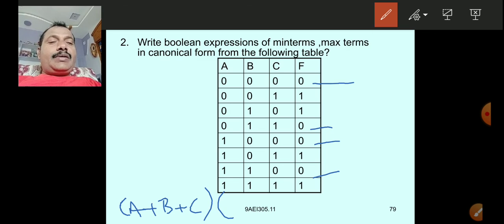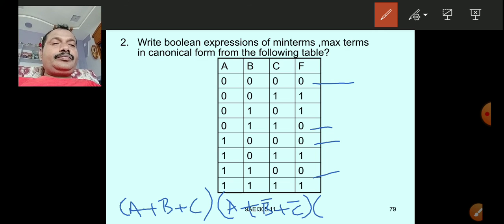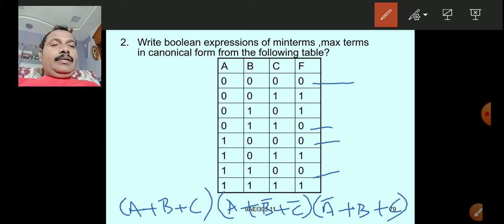This is one sum. Next, another sum, A plus b bar plus c bar. Third sum, A bar plus b plus c. Next, the last sum, A bar plus B bar plus C.